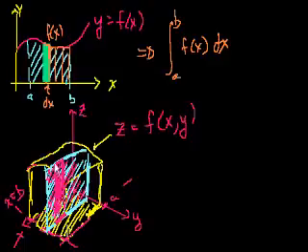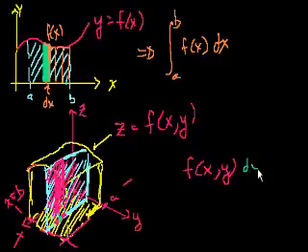It's kind of a constant y. It's a sheet of paper within this volume. You can kind of view it. Well, we said the height of each of these rectangles is f of x y, right? That's the height. It depends which x and y we pick down here. And then its width is going to be dx.